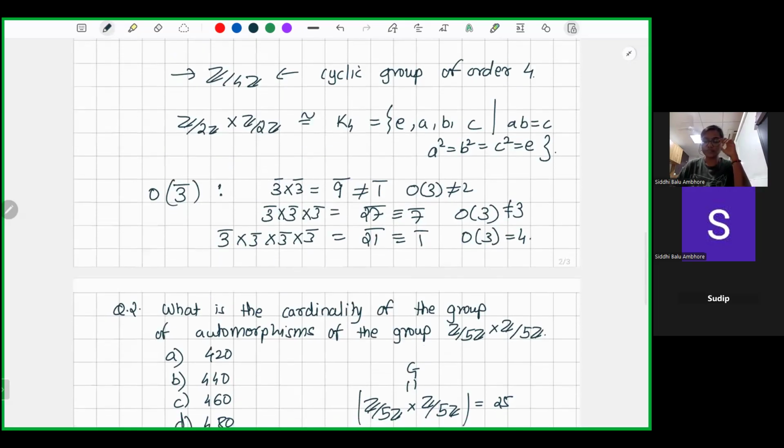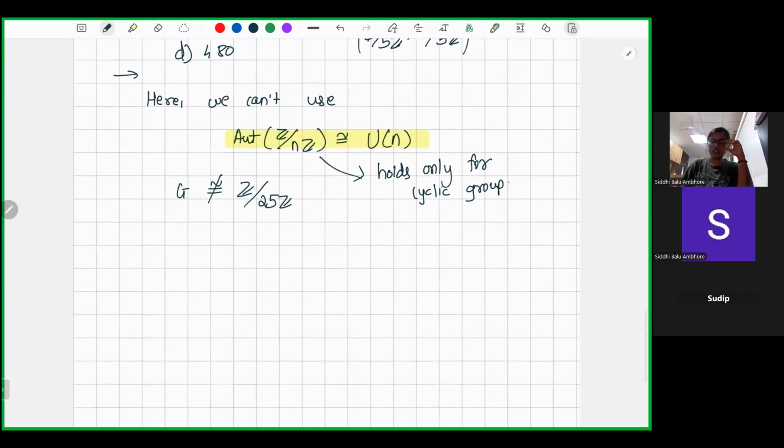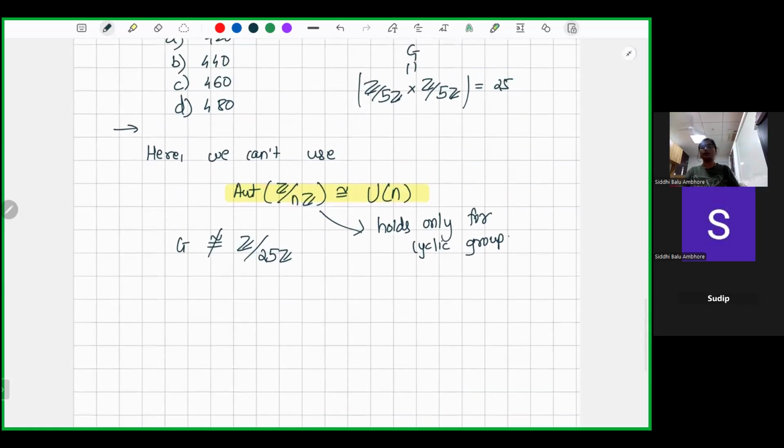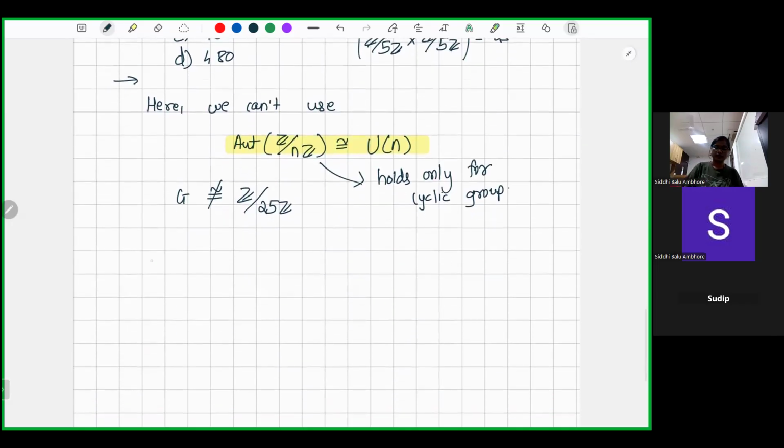This holds only for cyclic groups. G here is not isomorphic to Z25 because every element in Z5 cross Z5 has order 5. You can check that for all a in G, the order of a is 5.